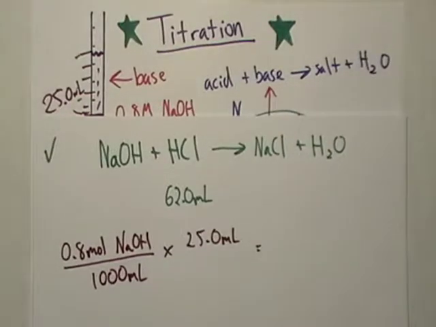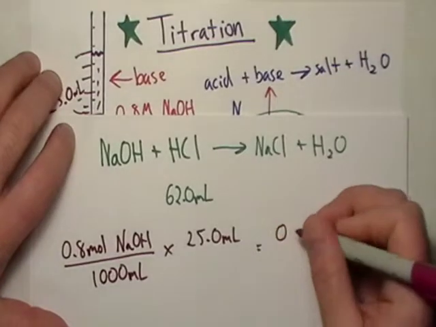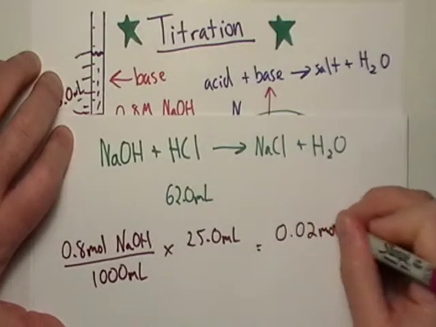That tells me I'm going to stop adding base, and I'm going to use this figure right here to get moles. So that's going to be 0.02 moles of NaOH.